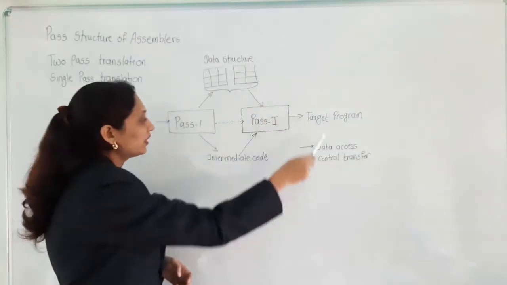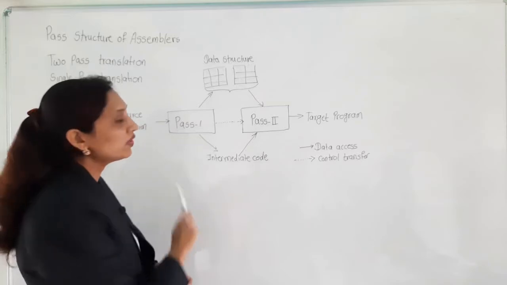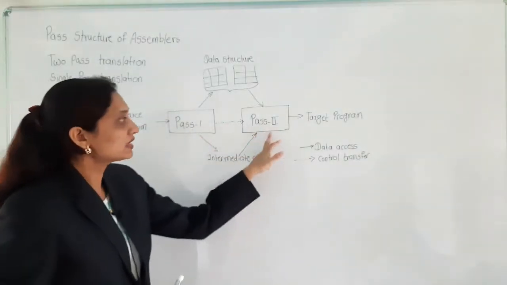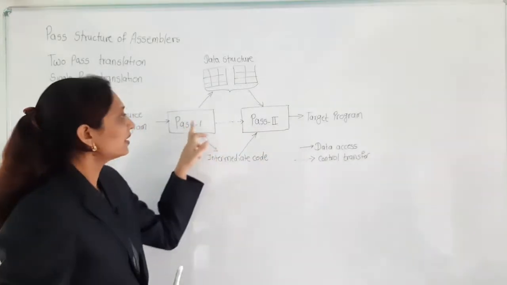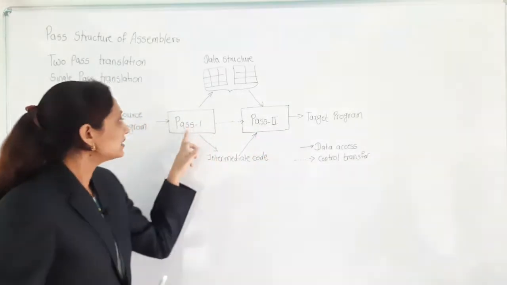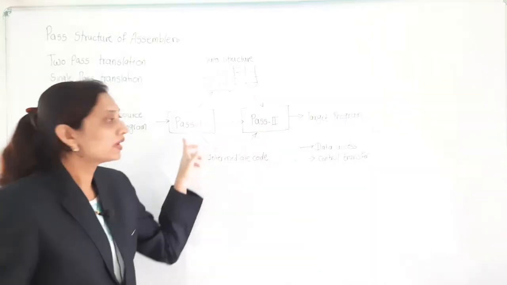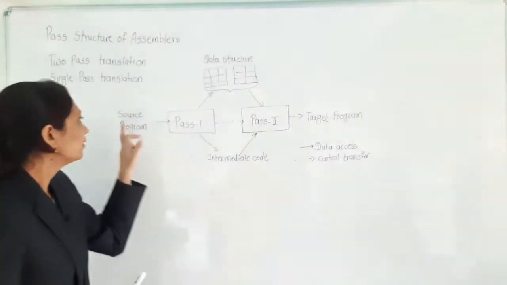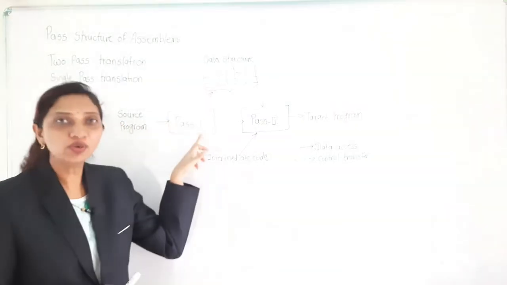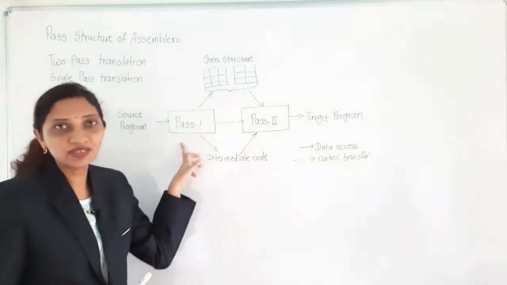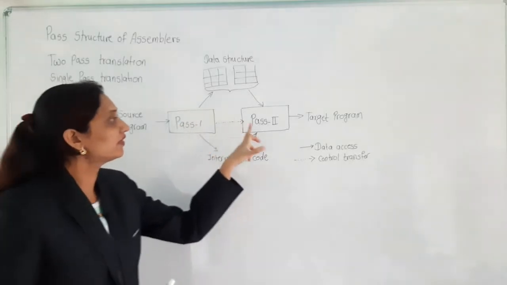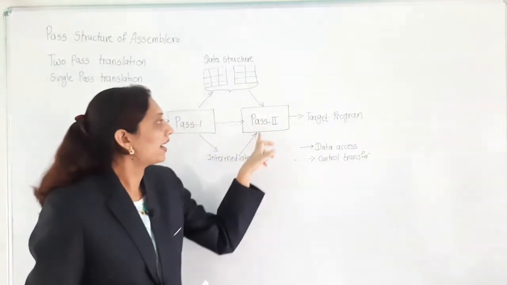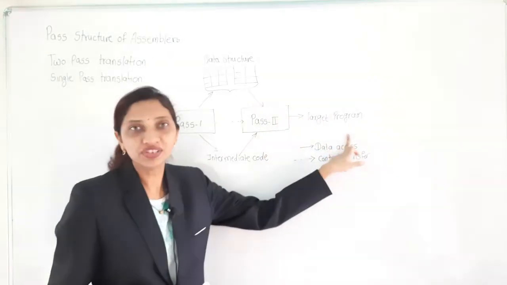In this figure, this is an overview of the two pass translation process. Two passes are given, pass 1 and pass 2. Pass 1 means the analysis phase and pass 2 means the synthesis phase. The source program is given to pass 1, the analysis phase, and then to the second pass, the synthesis phase, and then the target program is generated.